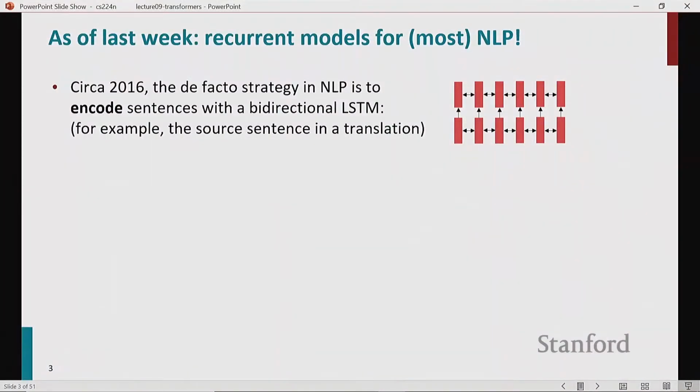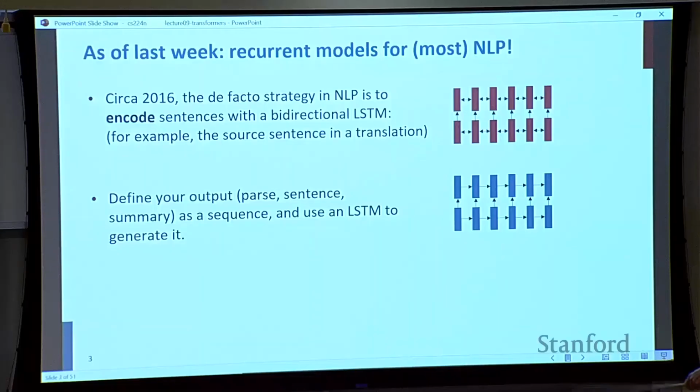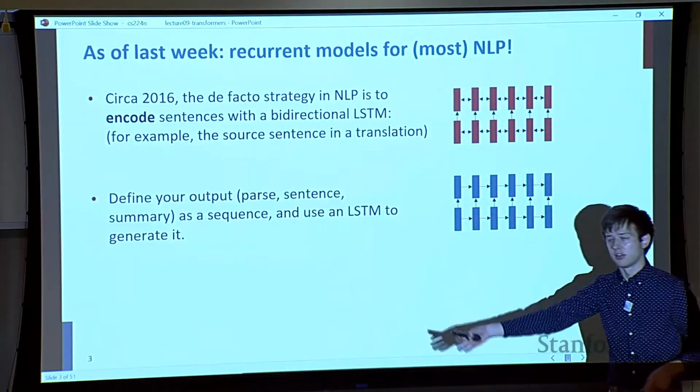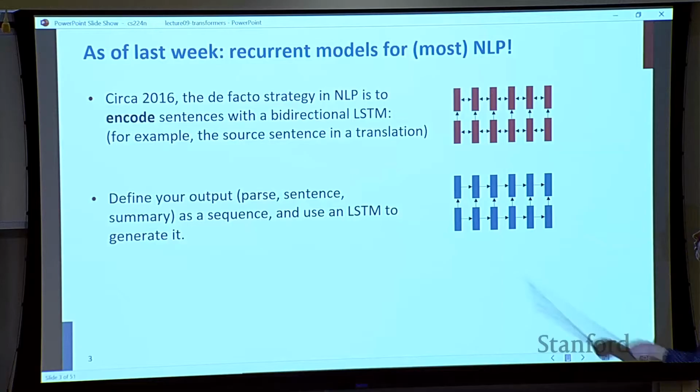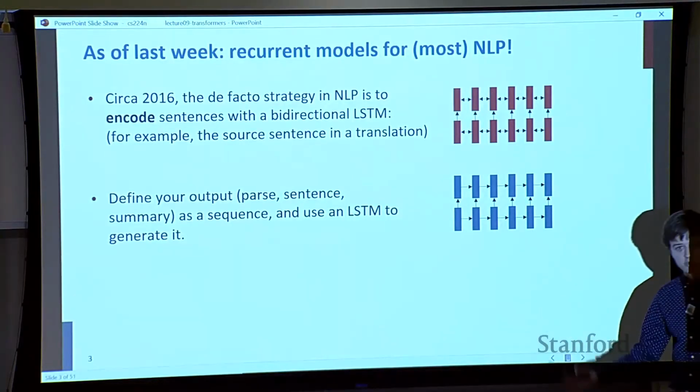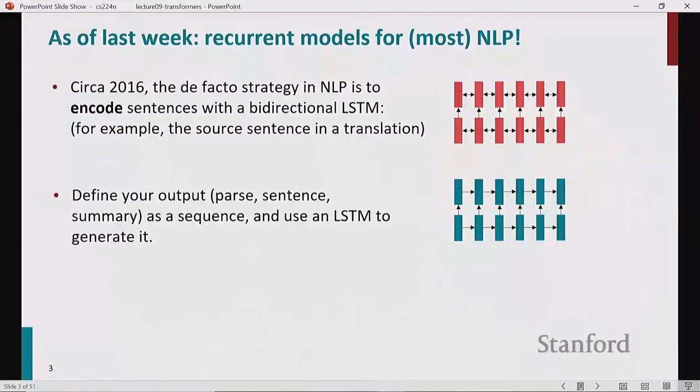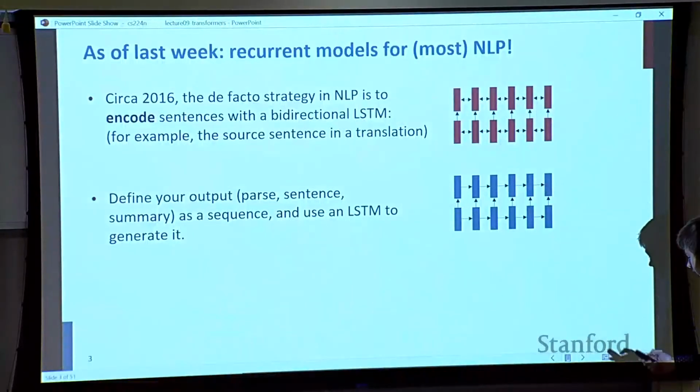Maybe it's a source sentence in a translation, for example. And then you define your output, which is maybe a sequence of words, the target translation that you're trying to predict. Or maybe it's a parse tree, or it's a summary. And you use an LSTM with one direction to generate it.